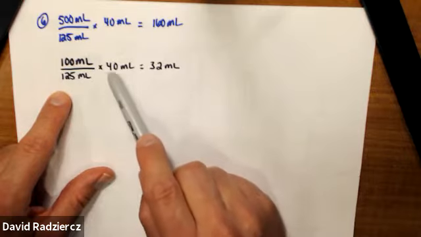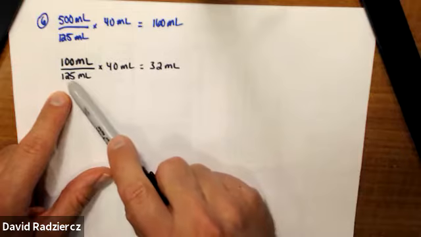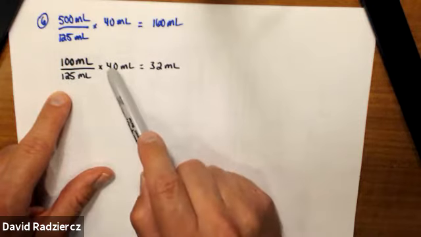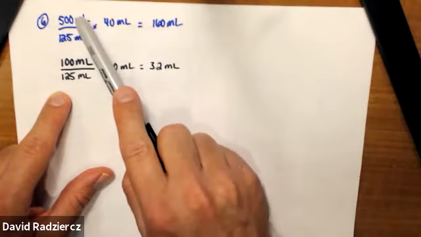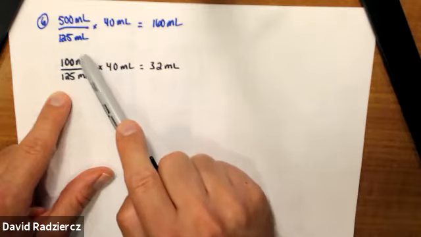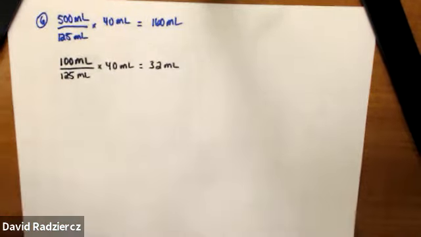Just keep that one fact in mind, that your replacement volume is based off of the 125 in this particular question. If it's above it, it's going to be greater than 40, and if it's below it, it's going to be less than 40. 500 is obviously greater than 125, and 100 in this instance was less than 125, so you can rationalize through this question.